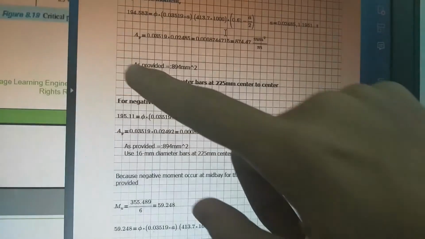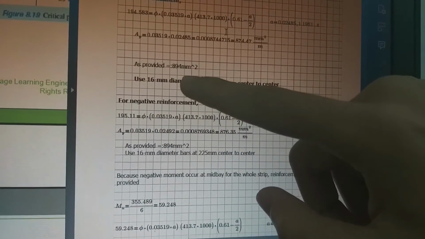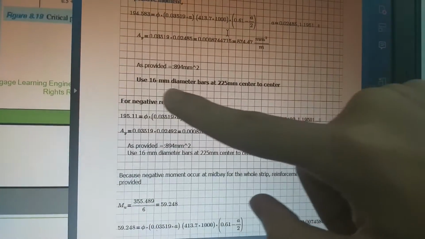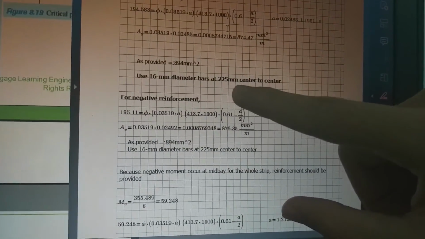And then we refer to the AS provided with the Eurocode from the RC design, and we get the diameter of the bar as 60 millimeter, with 235 millimeter center to center.